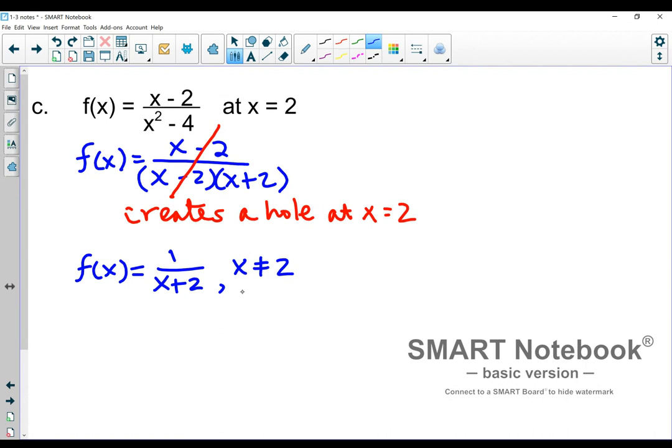So this is like that part of the domain before when we would have to worry about x not equaling a certain number. I still have an x plus 2 here in the denominator. That means x equals negative 2. We can't have that either, but that's actually going to create an asymptote. So it's only when something cancels out that it creates a hole. So to answer our question again, no, it is not continuous. And we have removable discontinuity.